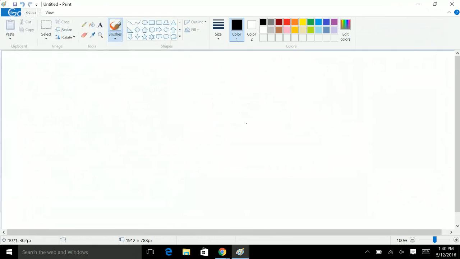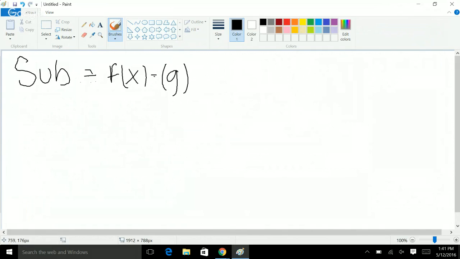Now we're moving on to subtraction. That equals f of x minus g of x. Sorry about the parentheses, those don't go there.